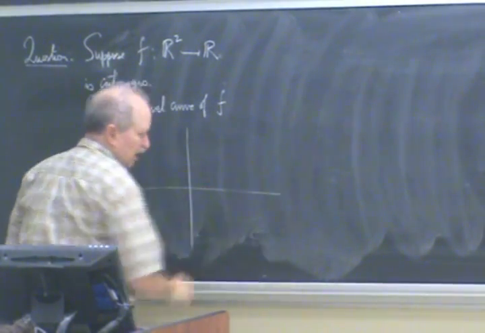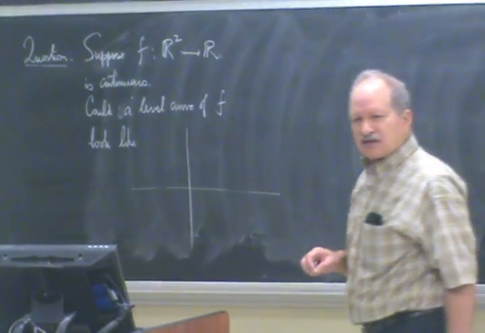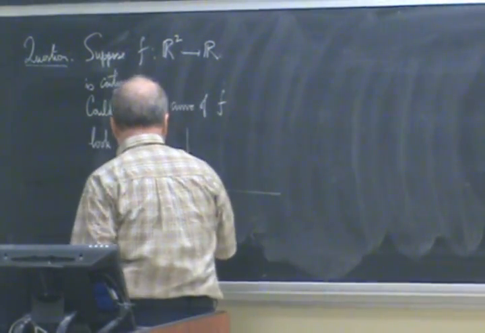So it's a function on the plane. So you're thinking, for example, of temperature varying, and assuming temperature is a continuous function. Could the set of points where the temperature is 100 degrees look something like this?